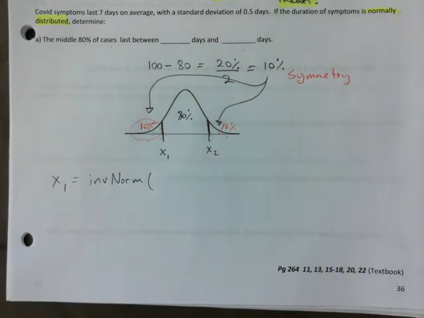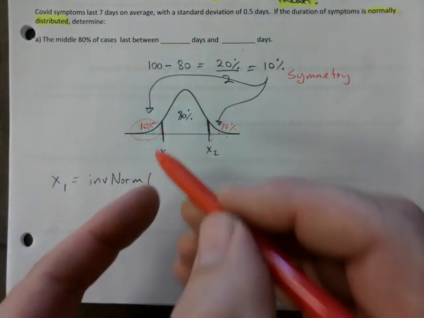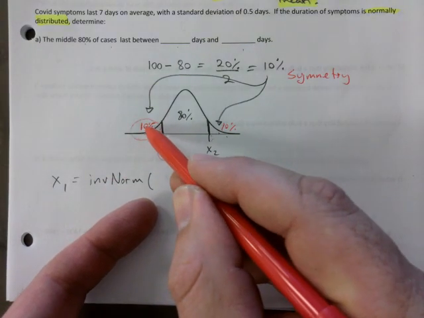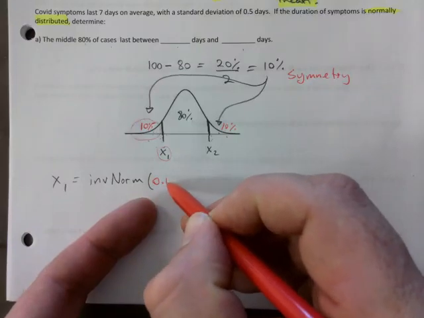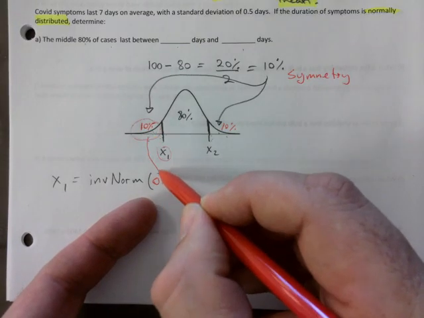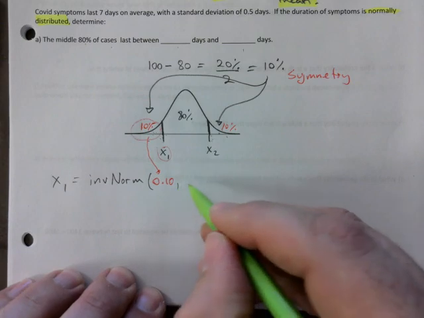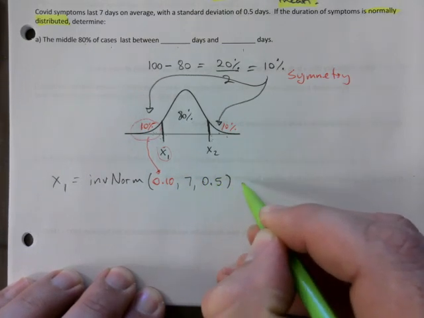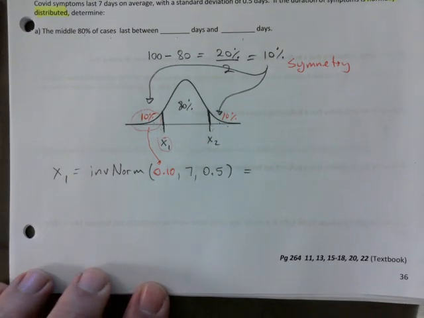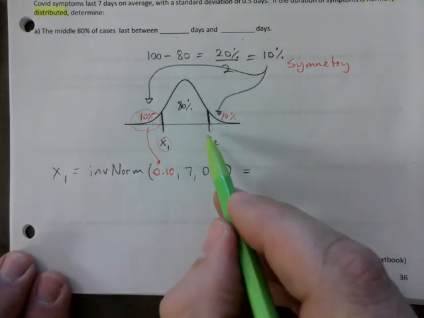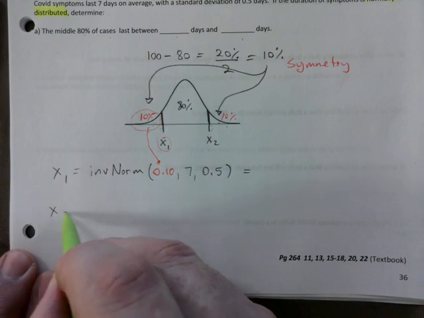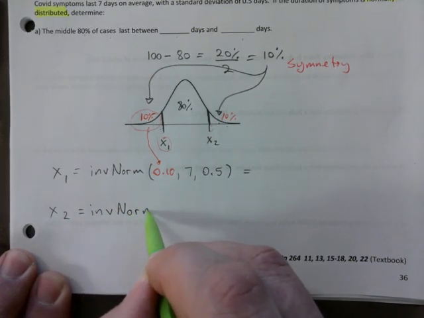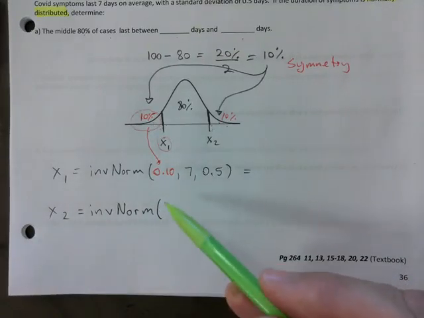We're using symmetry there. So to get x1, the number of days here, I will use 0.10. I'll plug that in here, and I know that my mean is 7 and my standard deviation is 0.5. We know how to do inverse norm. To get x2, I'm very curious to see if you would know what to plug in here.